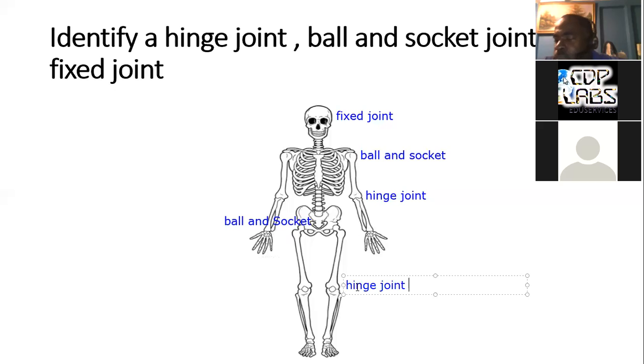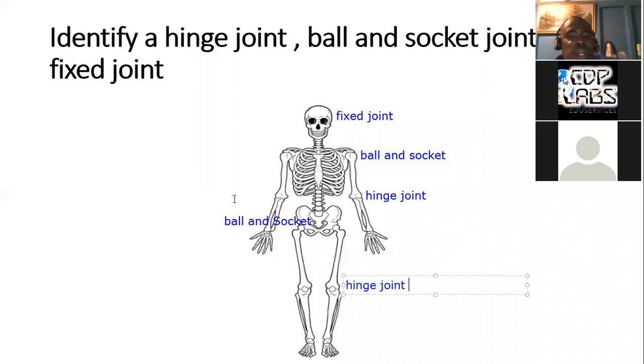And the upper limb and the lower limb have the same joints, in pair. The cranium has a fixed joint, which does not really allow movement. Okay. All right, well done. So the fixed joint does not allow movement.